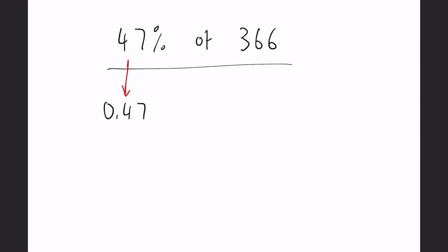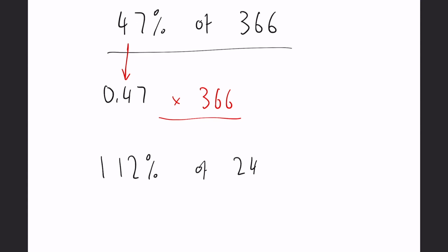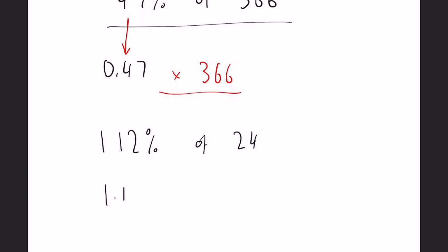But 47% would be 0.47, and you simply times that by the original number, and that will give you your percentage. So go ahead and find a calculator now, put that multiplication in, and it will give you 47% of the 366. And this will work with any answer. So if you have something over 100%, for example, 112% of 24, then you would just do 1.12 times by 24, and that will give you your answer as well.